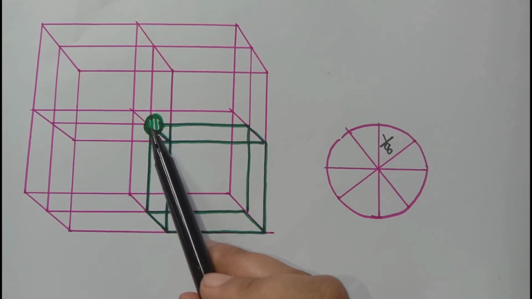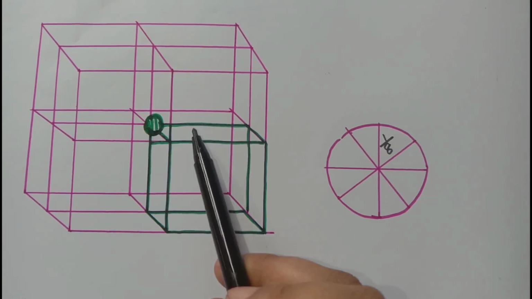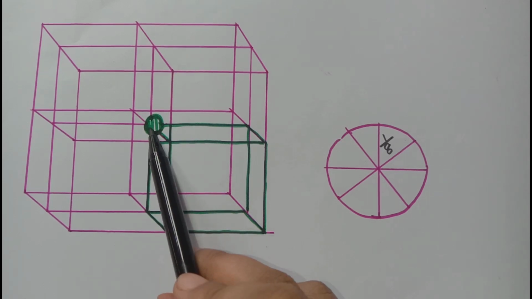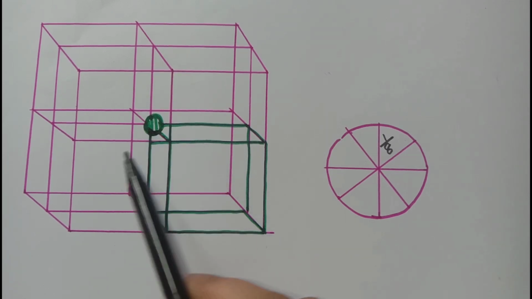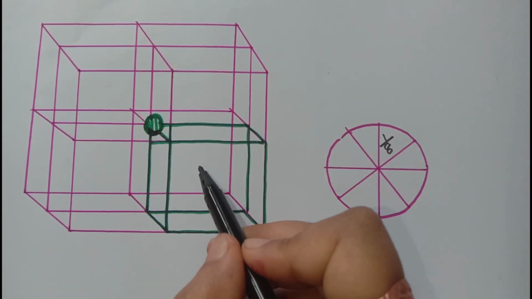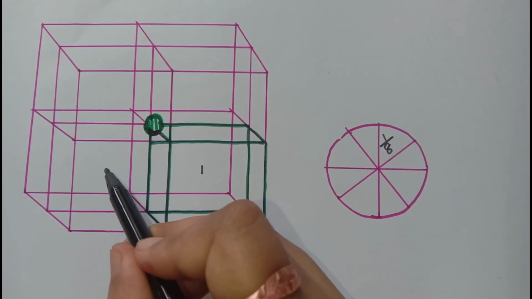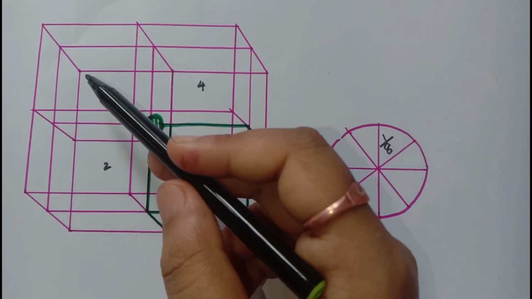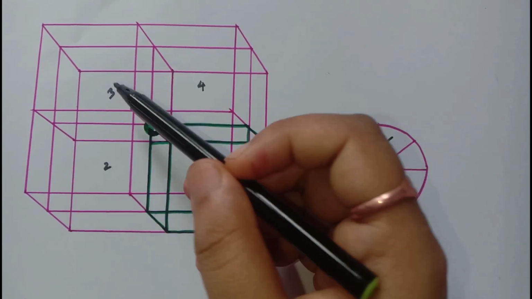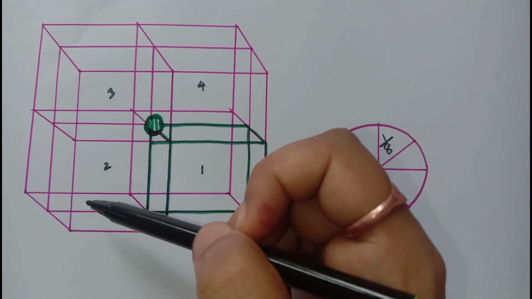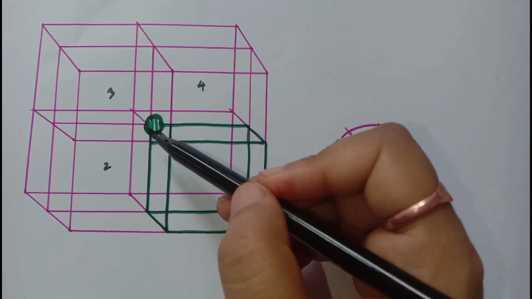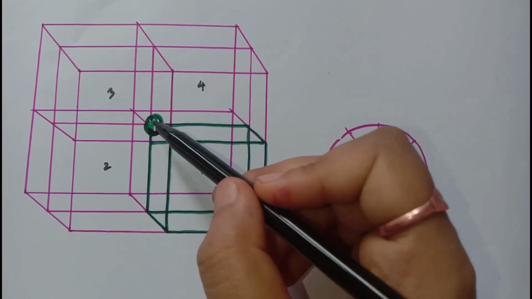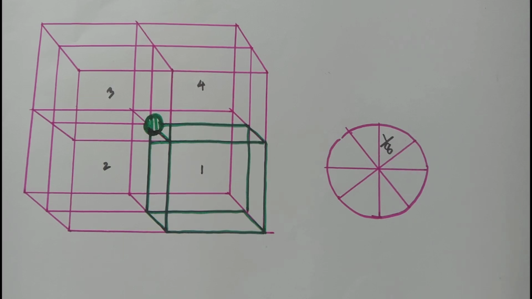So similarly, one corner atom in a unit cell is shared between 8 adjacent unit cells. If this is 1, 2, 3, 4, the other 4 unit cells are in the upper and lower layers. So therefore, their contribution will be 1/8.